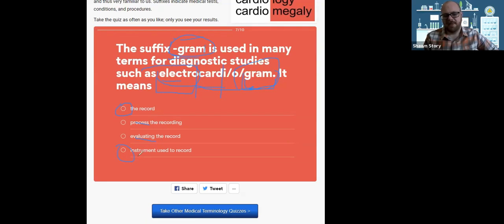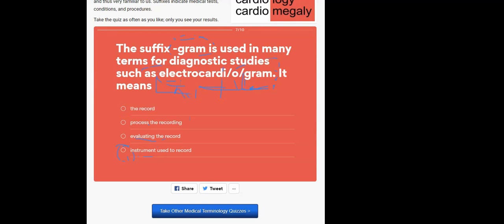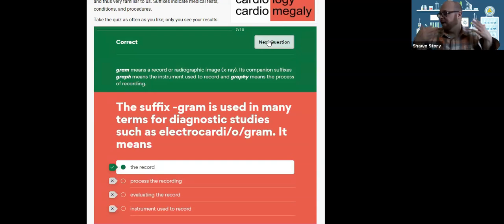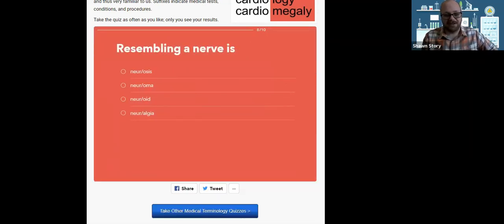I feel that instrument is more like the idea of electro, that it's electronic, but maybe I'm reading too much into it. I think gram itself just means to record. Which one should we choose? I don't know, I'm torn. Go with the top one. We got it. All right, next one.